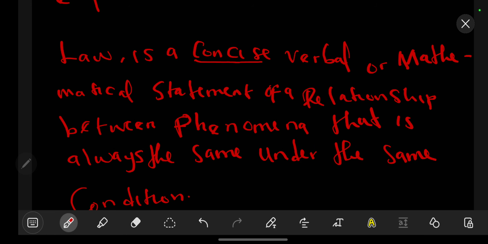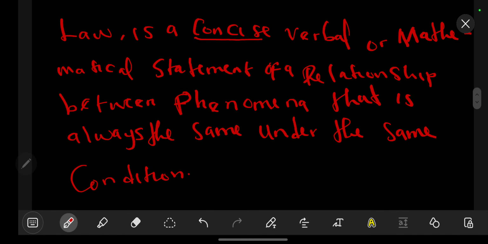Phenomena, we might be talking about things like the force, the mass, the acceleration. That is always the same under the same conditions. So let's say, for example, one of the mathematical relationships that we have is force equal to ma according to Newton's second law.